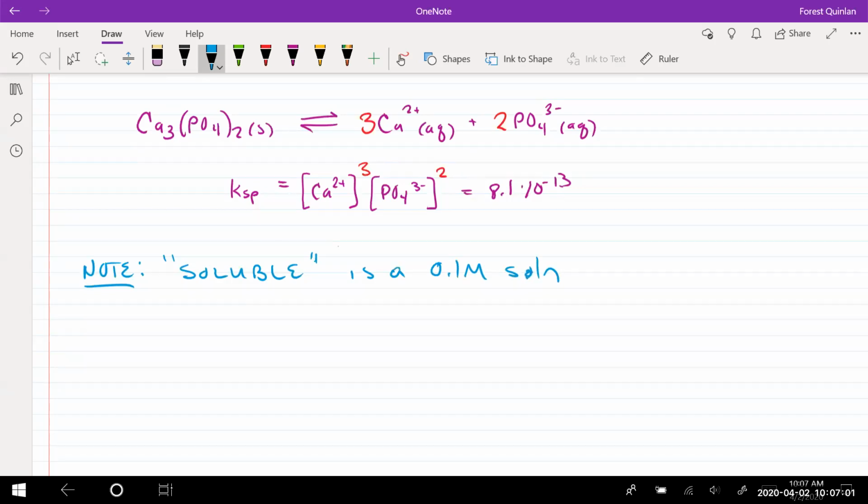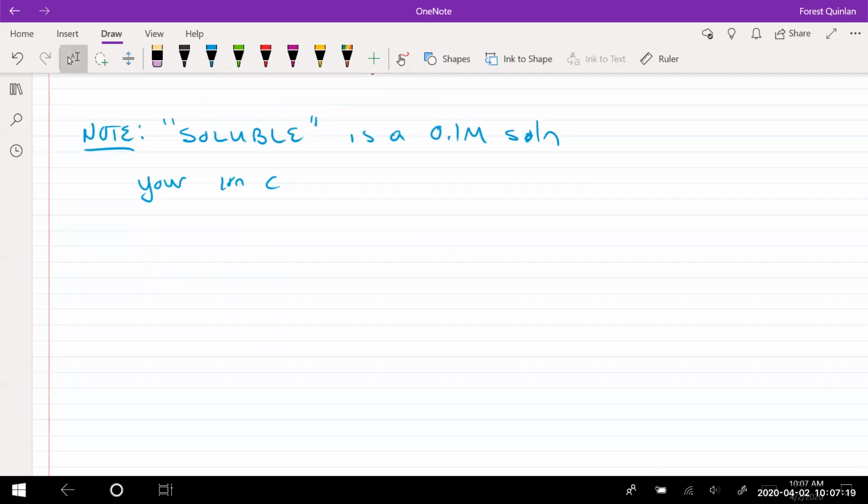So that means on the other side, your ion concentration will be 0.1 molar or greater.